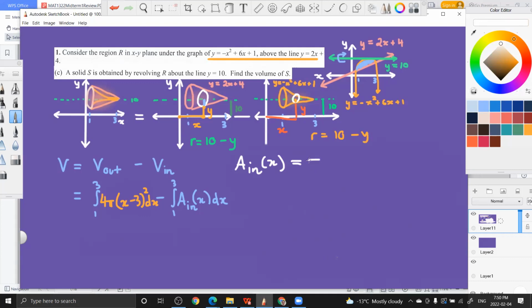And the area of a circle is pi times the radius to the power of 2. So this means pi times (10 minus y) to the power of 2. Now what is y? y is this one right here. I circled it so it's easier to see. So y is equal to negative x squared plus 6x plus 1.